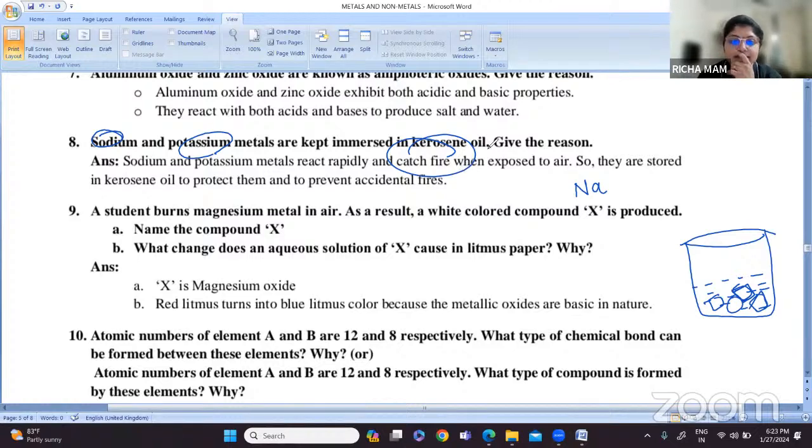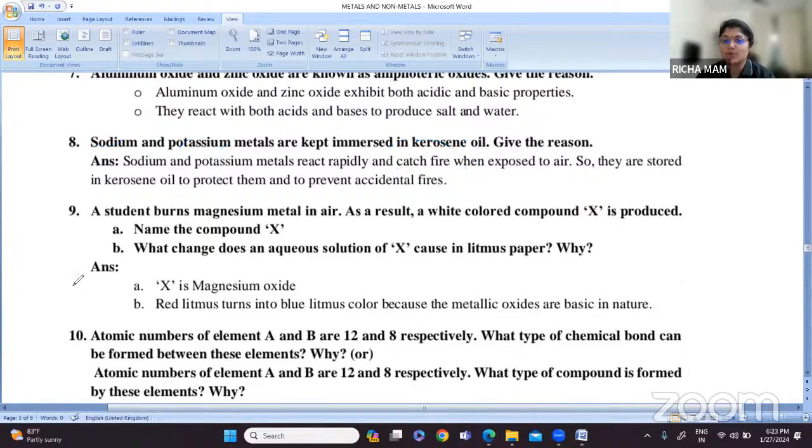Because of that, they are stored in kerosene oil, so that no accidental fire is caught. Remember that sodium and potassium react rapidly with air and may catch fire, so they are stored in kerosene oil. Remember the reason. Don't forget this.